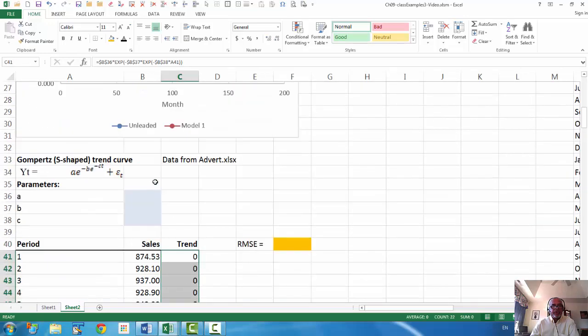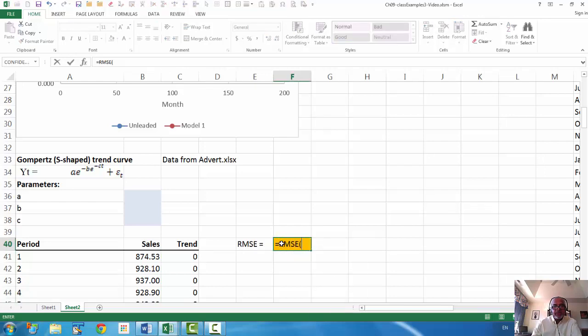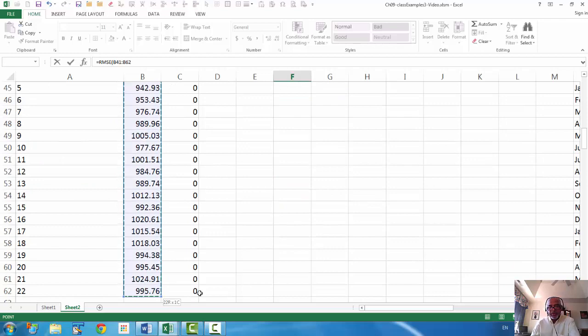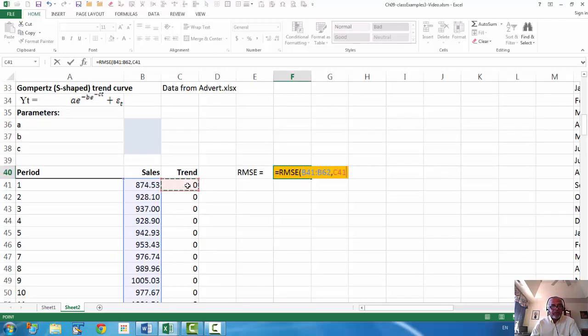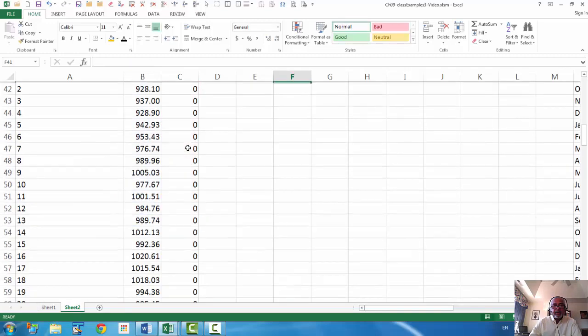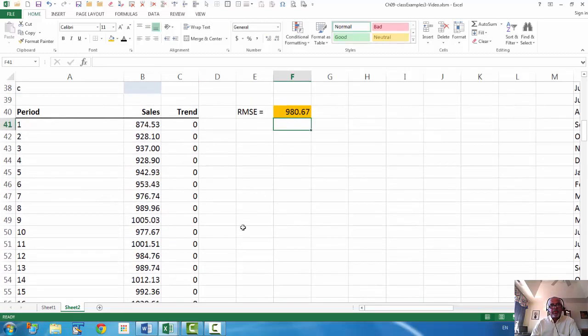Right now it's 0 because we have not found the values for these parameters. Once we run Solver, we'll have the values there. And RMSE, the actual values, comma, the predicted trend, and that will give us the RMSE.